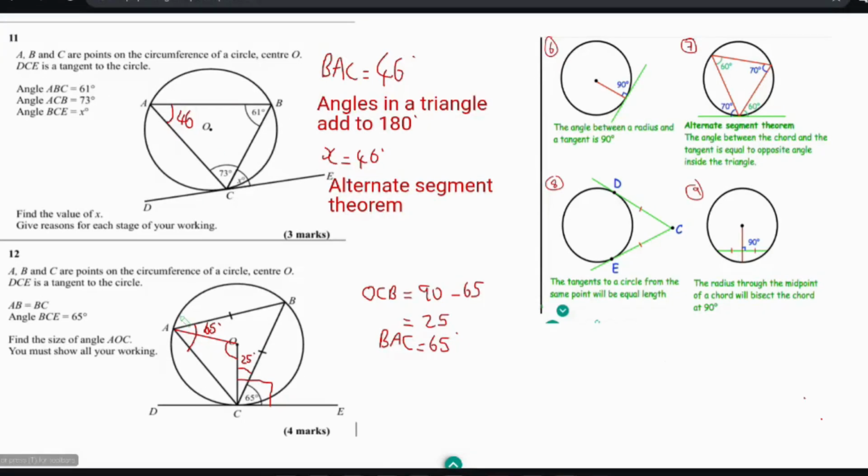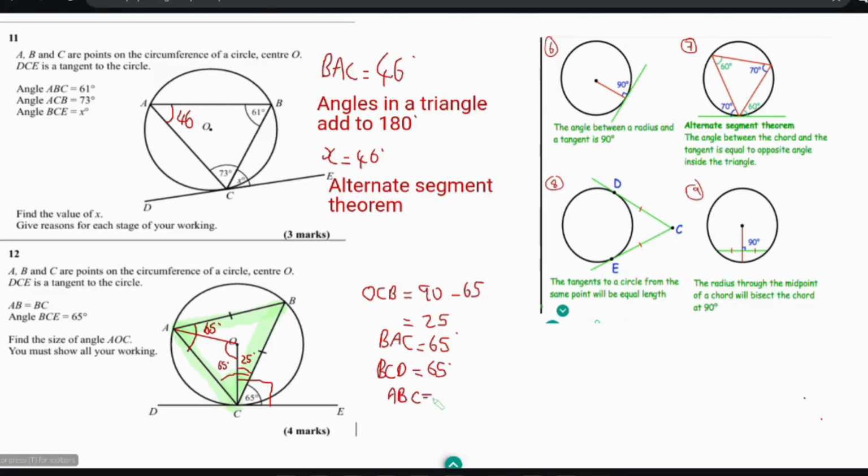Okay, so now I'm just being drawn into this isosceles triangle here. In an isosceles triangle, these two angles are the same. So this full angle on the bottom here is also 65 degrees. Angles in a triangle, hang on, let me write that down first. So BCD is equal to 65 degrees.